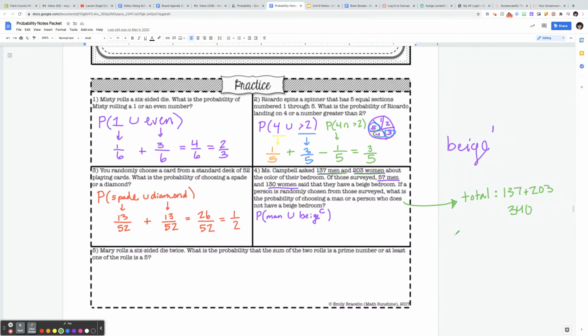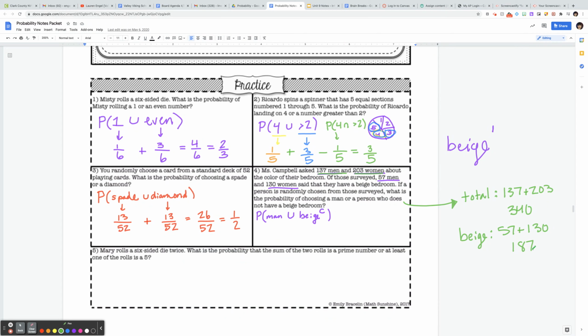Now I need to figure out how many of those people have a beige bedroom versus how many do not. They did tell me that: 57 men and 137 women have a beige bedroom. I'm going to add those two together to get the total number of people who have a beige bedroom, and I get 187.